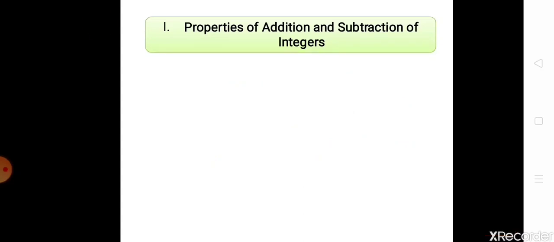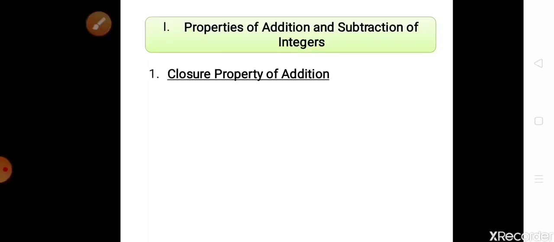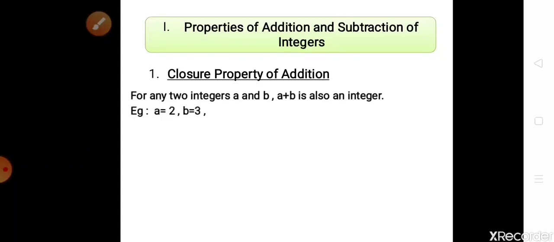The first property is the closure property of addition. It states that for any two integers a and b, a plus b is also an integer. Let us understand this with an example. Suppose a equals 2 and b equals 3, and both of them are integers.